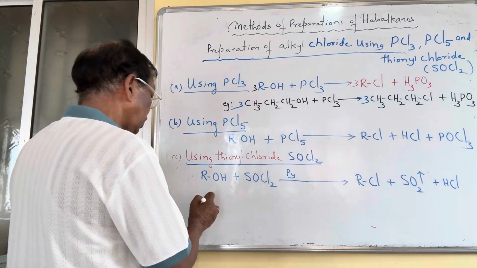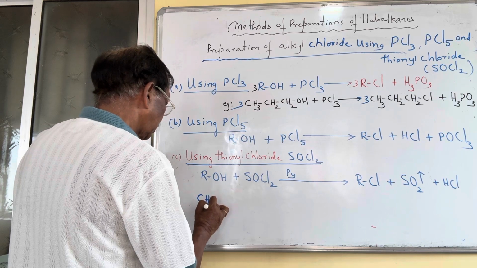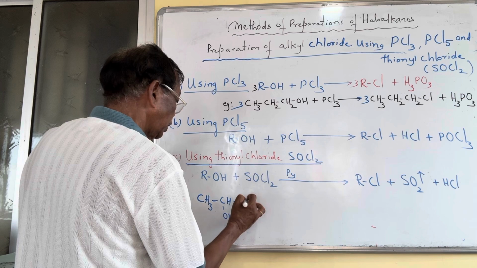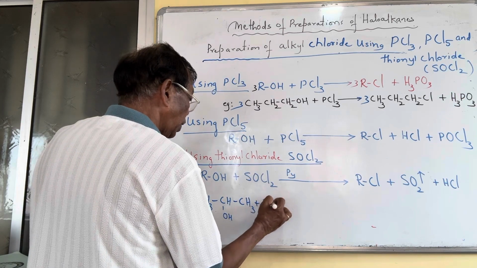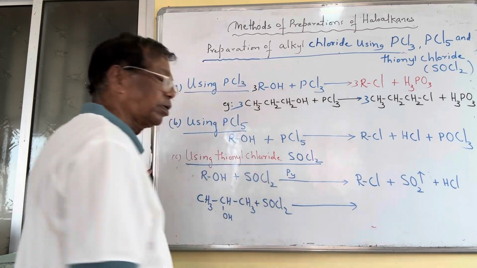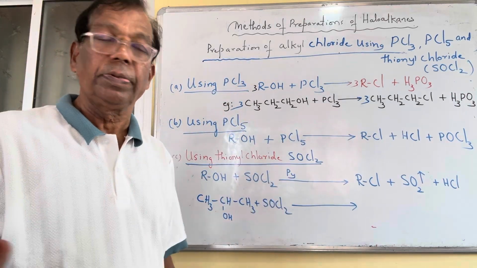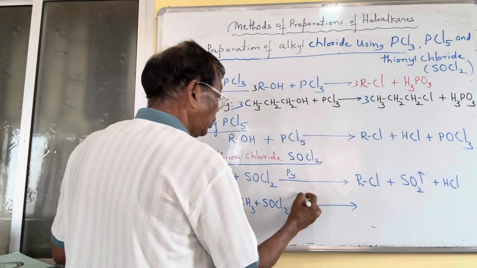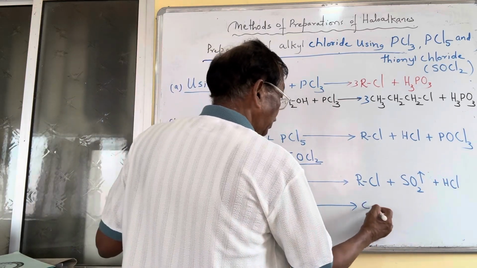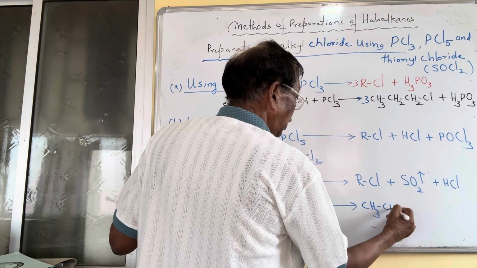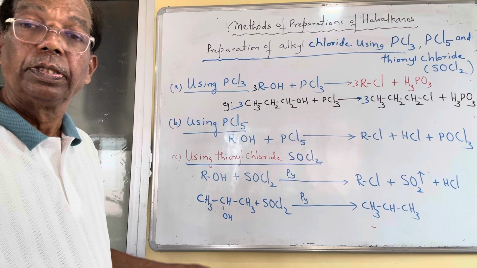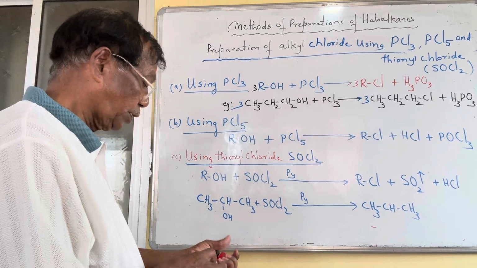Suppose I take an example, any example you can take, CH3CHOHCH3 plus SOCl2. What will you get here? Even if you don't write pyridine, no harm, but usually they carry out the reaction using pyridine. So what you will get here will be CH3CHClCH3. Remember, where there is OH, that OH has to be replaced by Cl.